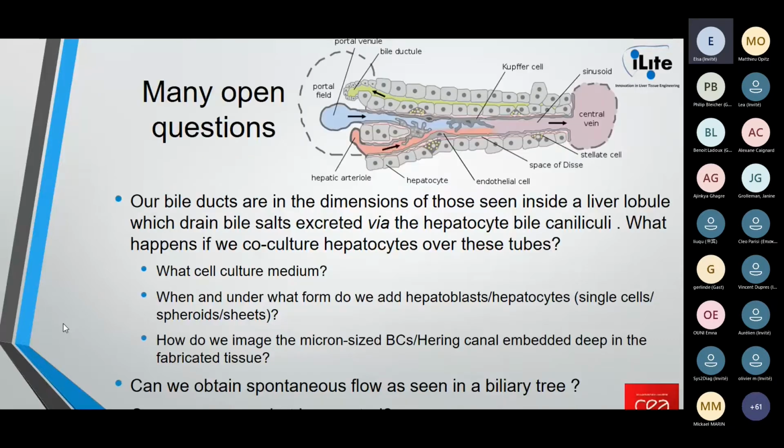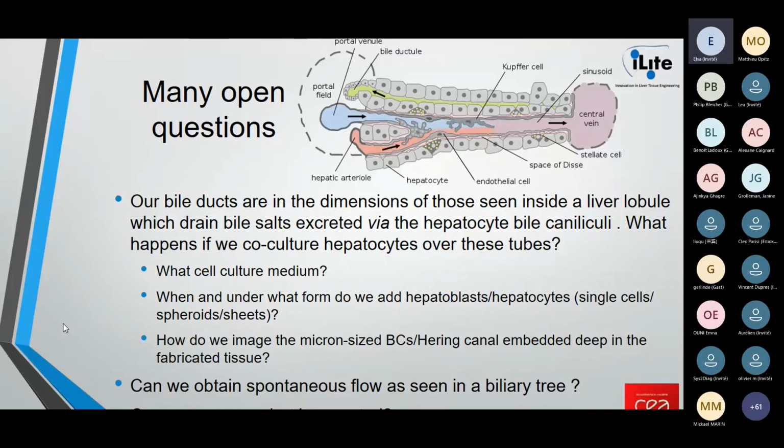But I do not want to end with this. I want to address the many questions that we still have, and that we are still working on, concerning our system. As I said, we construct these bile ducts for liver tissue engineering, and we are really looking forward to knowing what happens if we mix our bile ducts with hepatocytes or hepatic tissue.